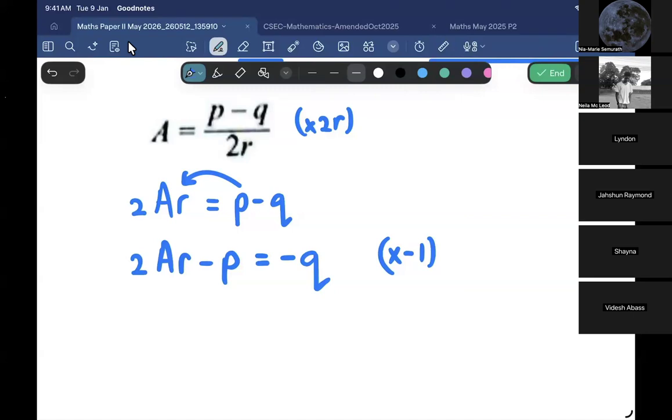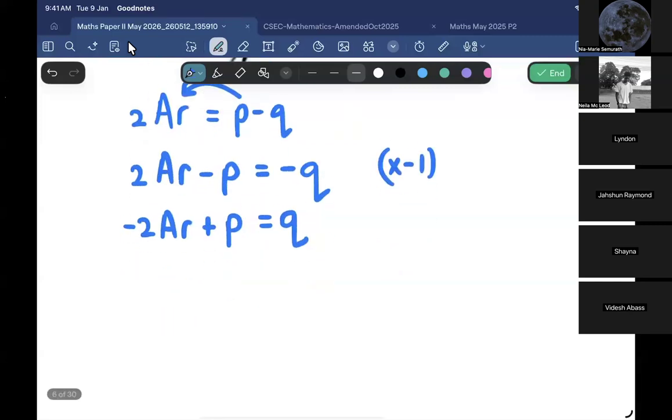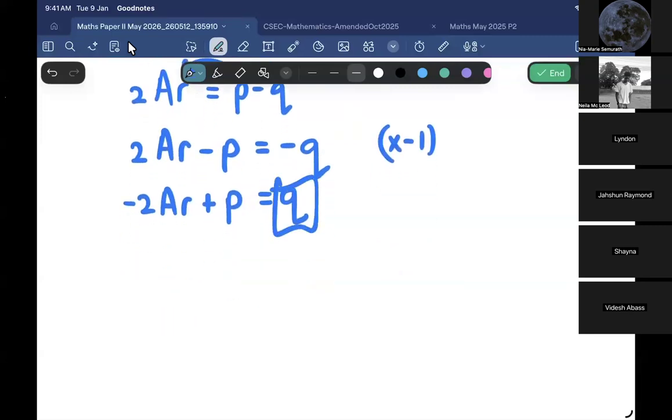What's a positive times a negative? A negative. Correct. So this 2ar is going to turn to what? This positive, negative 2ar, right? And this negative p is going to turn to what? Positive p. And that negative q will turn to what? Positive q. Right. So you see how we have q on one side by itself?